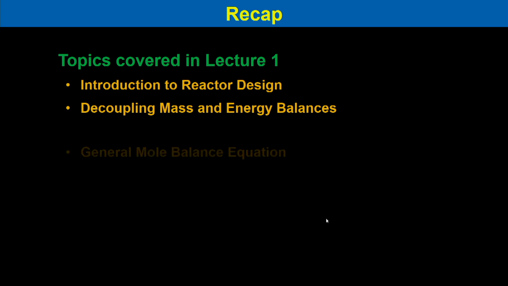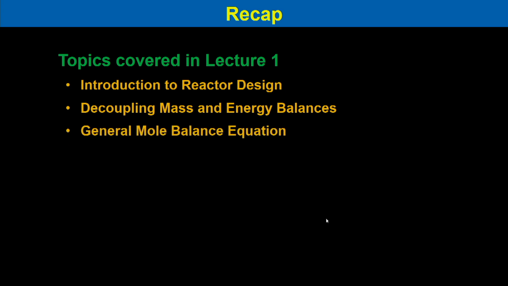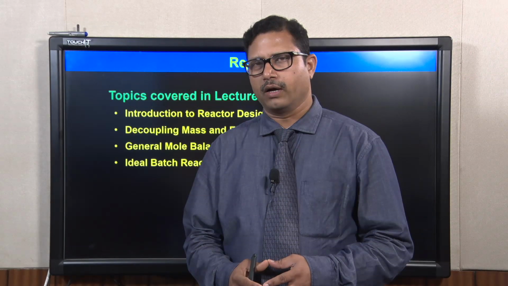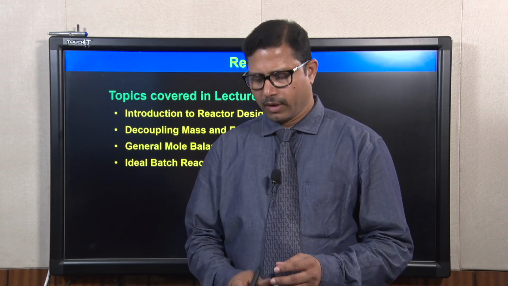And then we considered the general mole balance equation, and taking it into consideration, we tried to design an ideal batch reactor. Then we saw the difference between the space time and the batch reactor time.